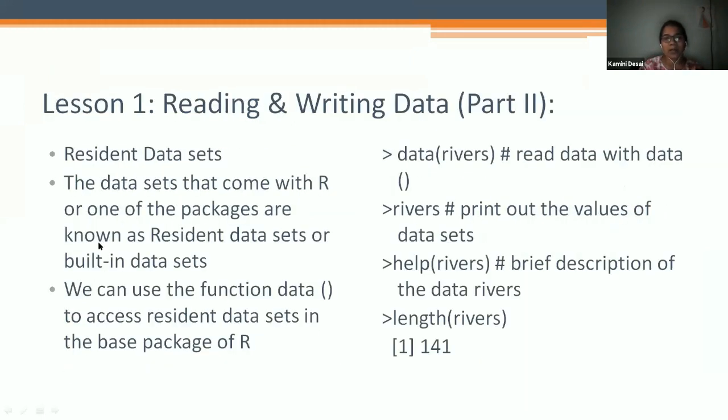The data set comes with R, or one of the packages has it as a resident data set, a built-in data set. If you want, there is a data set in our R directory. If you type data and two brackets, simple, you can try data. Just type this command, data and bracket.